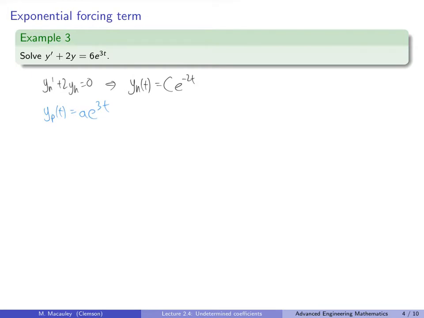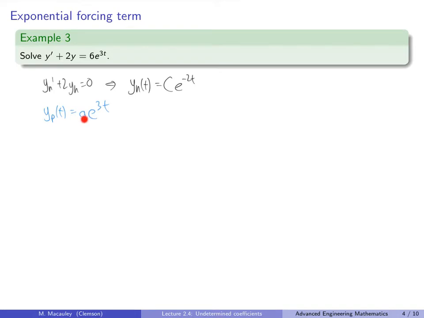We want to figure out what a is. Let's convince ourselves why this works first. So if the right-hand side is an exponential function, e to the 3t, and we take e to the 3t times some a and plug it in the left-hand side, look what happens. The derivative, we get some number of e to the 3t's, and here we get some number of e to the 3t's.